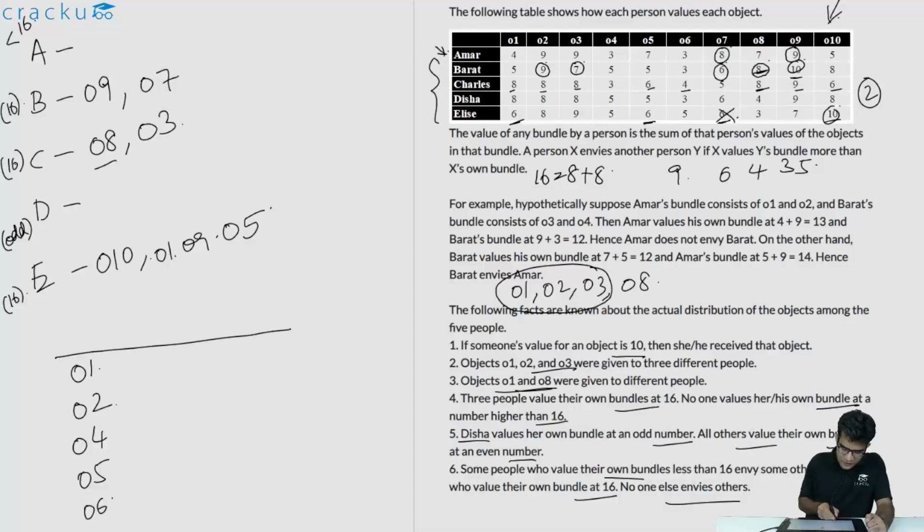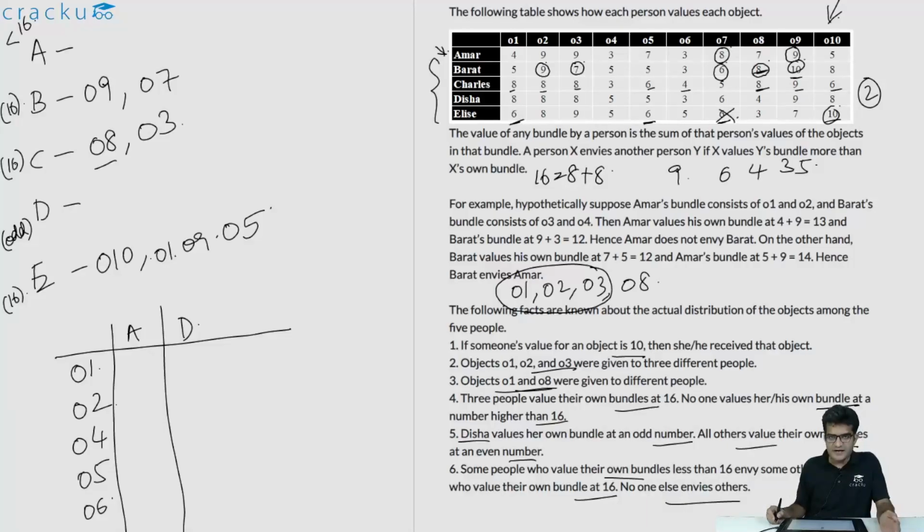And the 2 people who are remaining are A and D. Looking at the values that A and D give to each of these remaining objects, A values them as 4, 9, O3 is done, O4 is 3, 7 and 3. And for D, the respective values are 8 and 8 over here, then 4, 5 and 6 are 5, 5, 3.